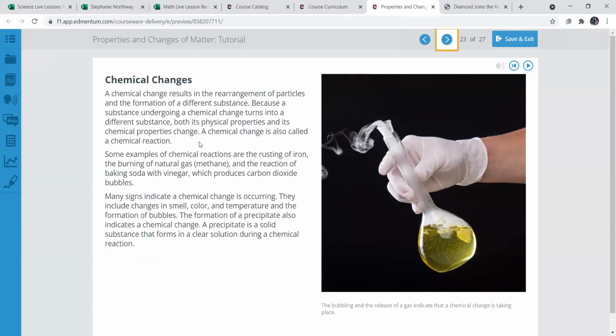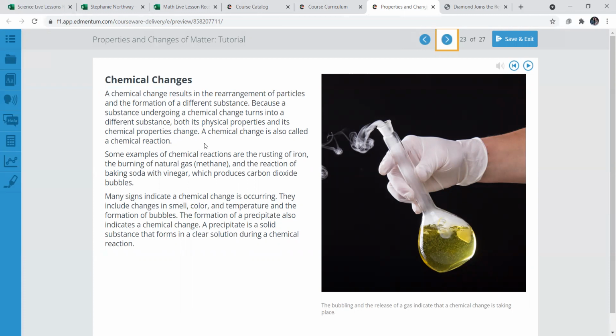I'll have you read this over, but let me pull out the important part. Because a substance undergoing a chemical change turns into a different substance, both its physical properties and chemical properties change. So that's what happens. Chemical change is also called a chemical reaction.